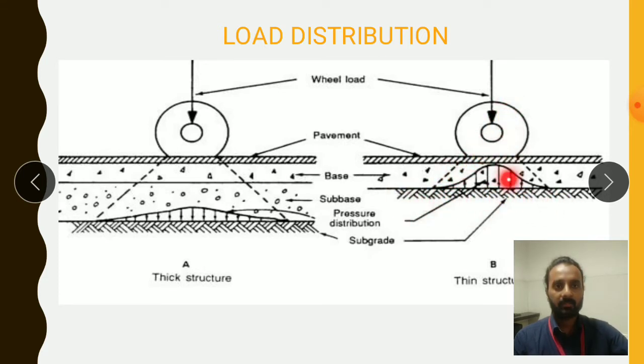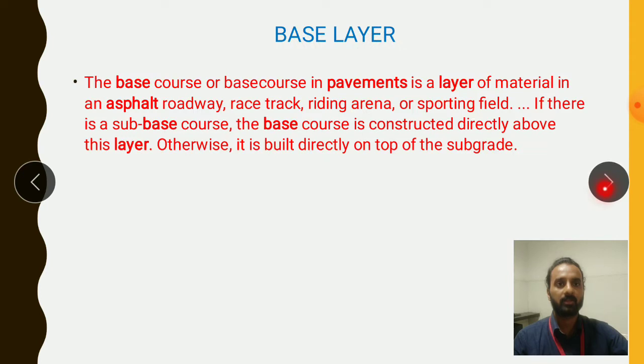Then we can say there are 2 layers or 3 layers, both we can work out with rigid pavements. The wheel will be directly in contact with the RCC pavement, and directly after this the RCC pavement transfers the load into the subgrade soil. Hence the load division is of this type in both the rigid and flexible pavements.